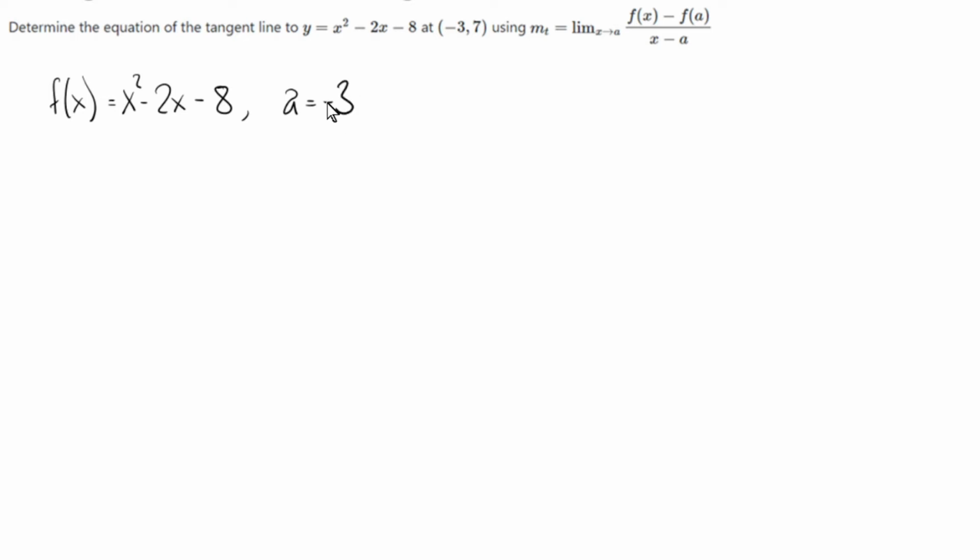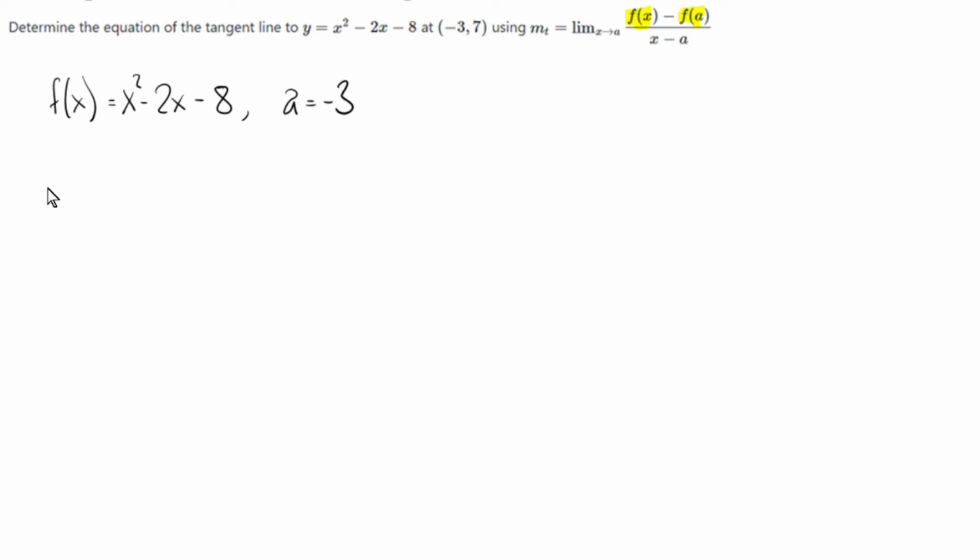So at this point we can plug in f of x. It's just going to be the following equation. f of a is going to be the same expression, but where x equals -3 because a equals -3.